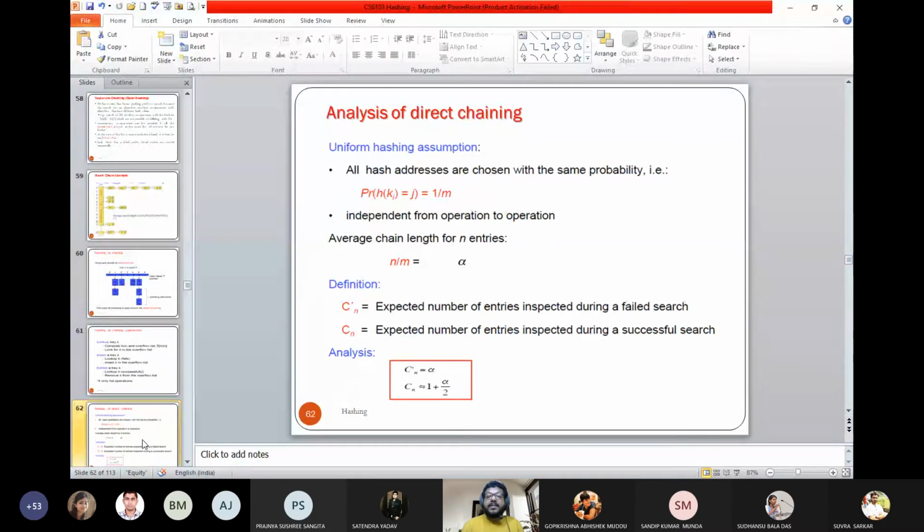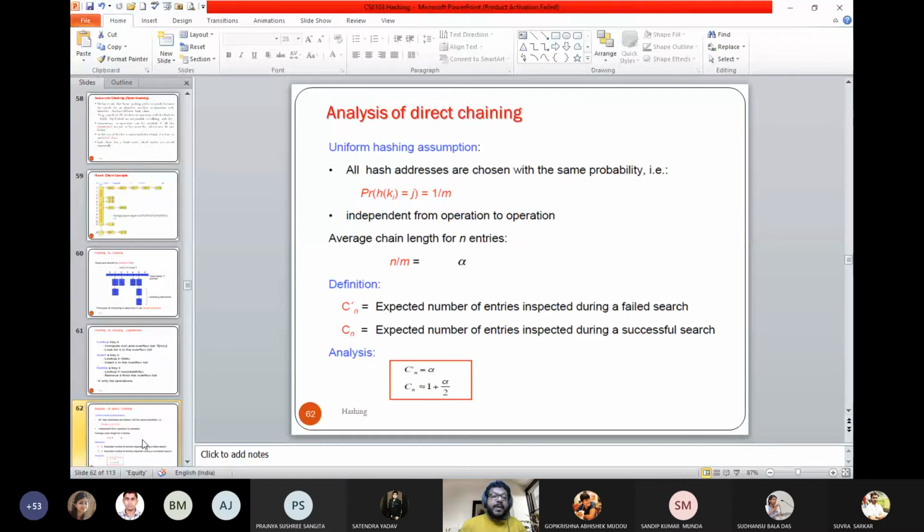You know the average length, the m value, and how to calculate C n. This formula is just to remember for problem solving: the expected number of entries inspected during a failed or unsuccessful search, and the expected number of entries in a successful search. You need to remember that.